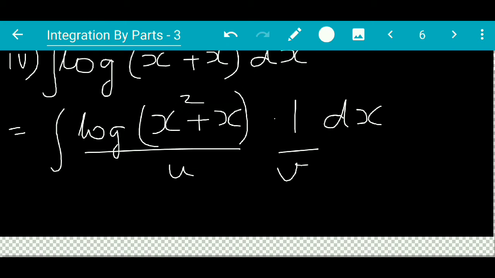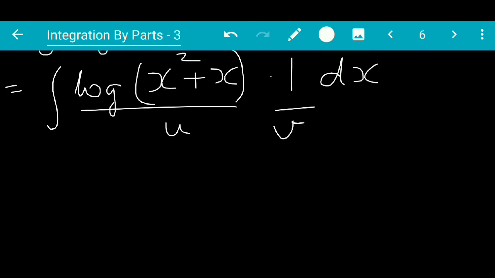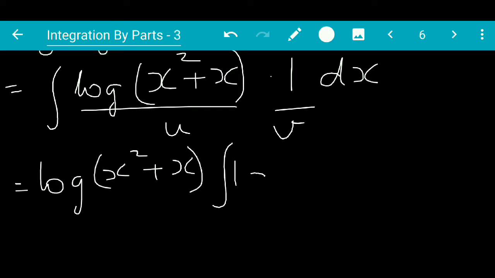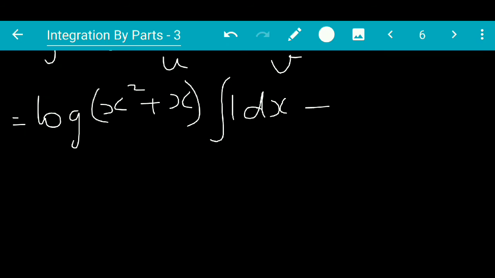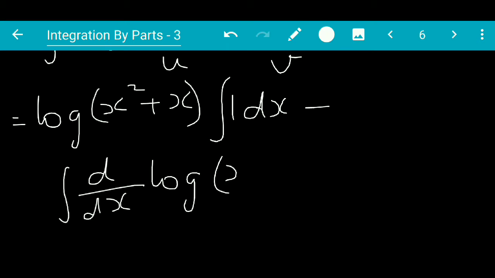Okay, so applying the u into v formula, we get this way, that is log (x square plus x) times the integral of 1 dx minus the integral of the derivative of log (x square plus x) times the integral of 1 dx, dx.